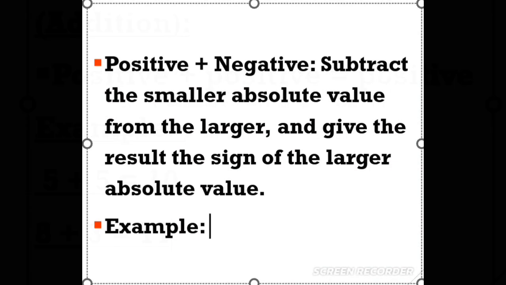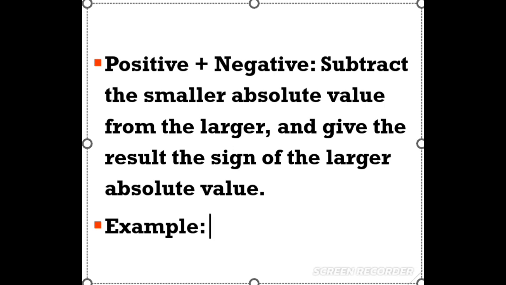So guys, another operation that we're going to be dealing with here is positive plus negative. Positive plus negative can either give you negative or positive numbers, I mean the sum of negative numbers or the sum of positive numbers.